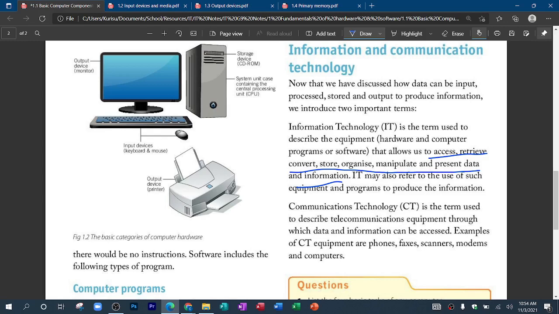Whereas communications technology is basically about telecommunications, how you're communicating that information and data, how you're transferring it. So for example, you're going to use a phone, the internet, a computer, a modem, a fax machine. Those are all part of communications technology to help you transfer or communicate that data or information.